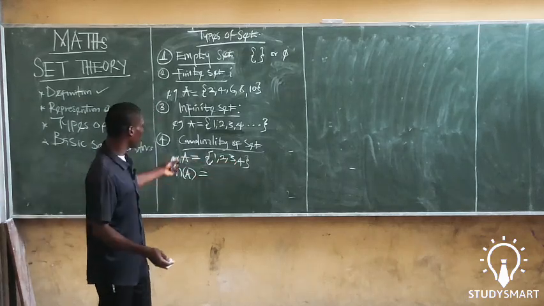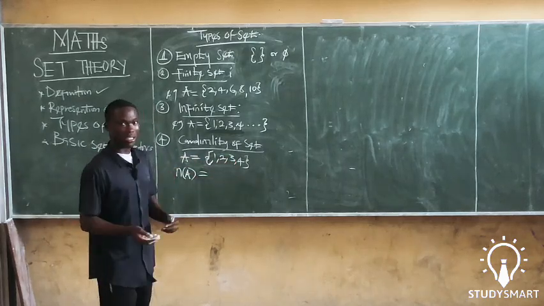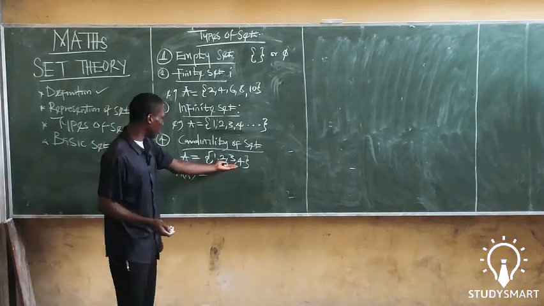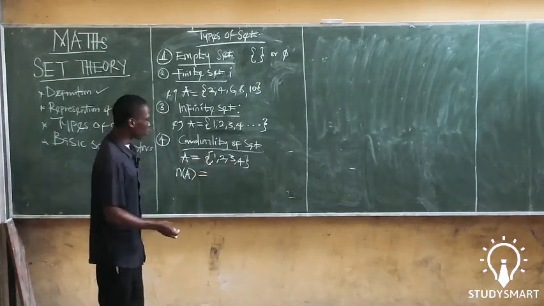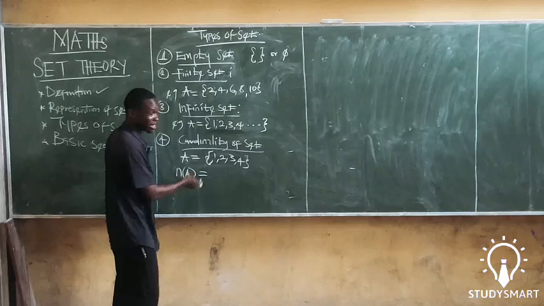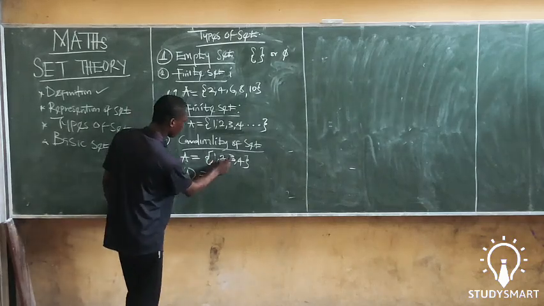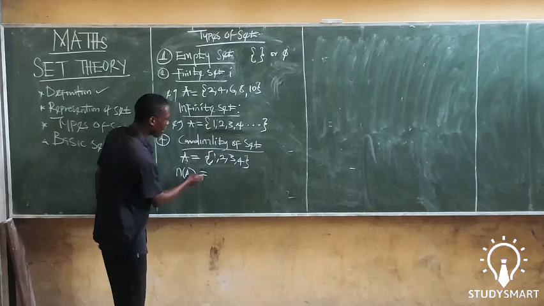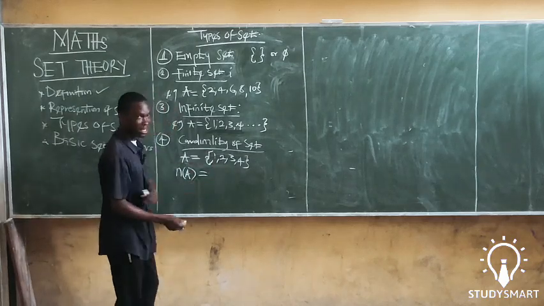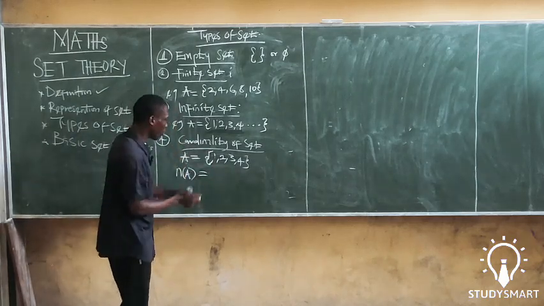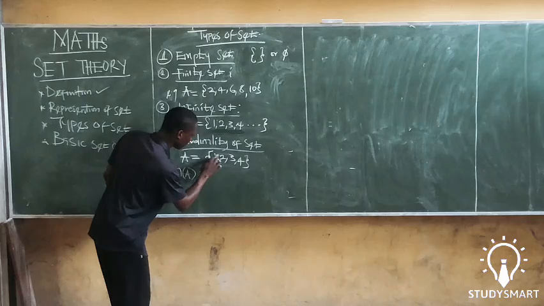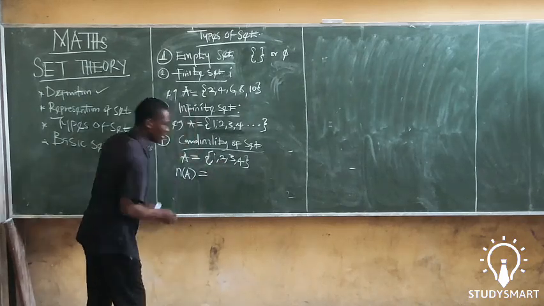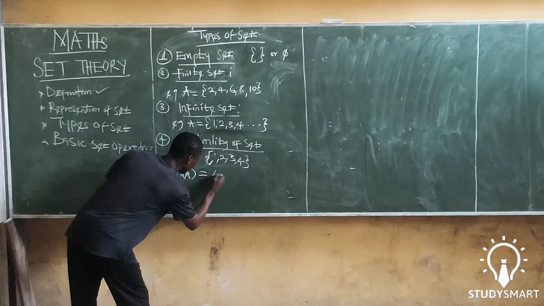Don't forget, the cardinality of a set shows the total number of elements in that set. So if I want to find the cardinality of this set, I count 1, 2, 3, 4. So 4 is the cardinality of this set, because the total number of elements is 4.